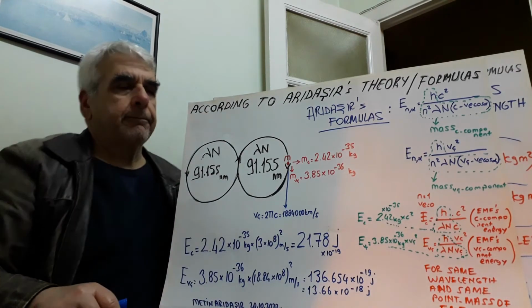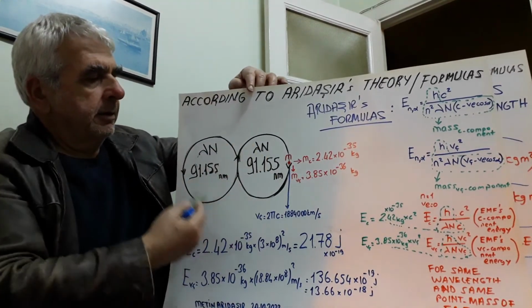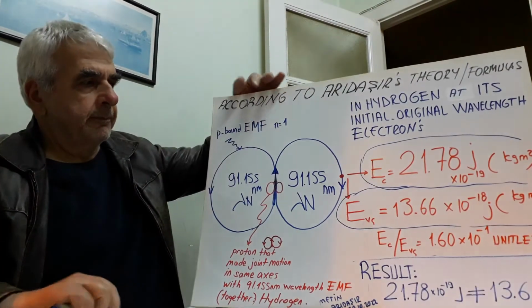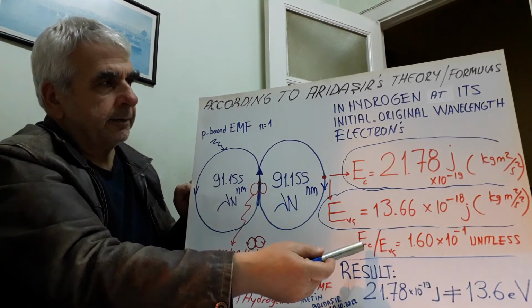Okay, and this is electron motion form. Now, and these are results.